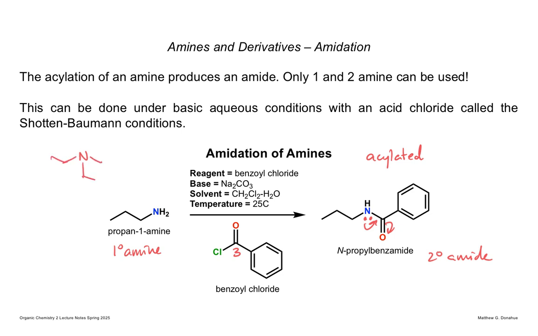Okay. So the reason you can't use, say, a tertiary amine: there's no NH bond. So this would react with the acid chloride, but then it would just go back to the starting materials because you need that NH to do an elimination.